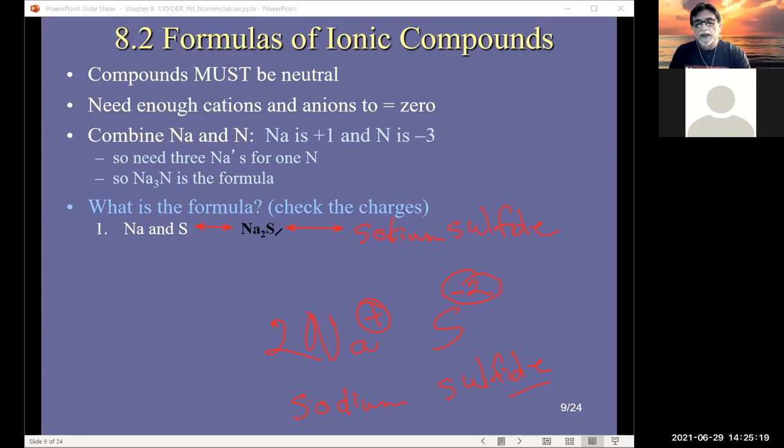Okay, given the name, give me the formula. Or have them in the formula, give me the name, vice versa. Double arrow those, okay? Now, what if you didn't know what the oxidation state of sulfur was?